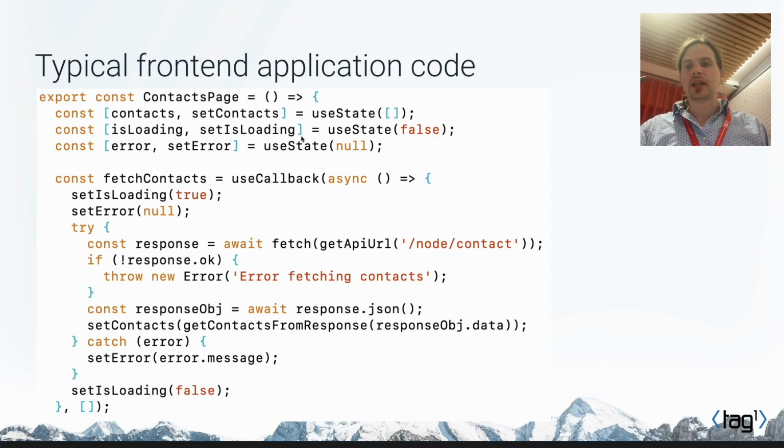And then we need to know if we are in an error right now, so we need another state. So we're using a callback. We set the initial state to loading and no error. Then we await the fetch of this JSON API callback. And finally, when we are done, we set the context with some transformation of the context from that JSON API response.